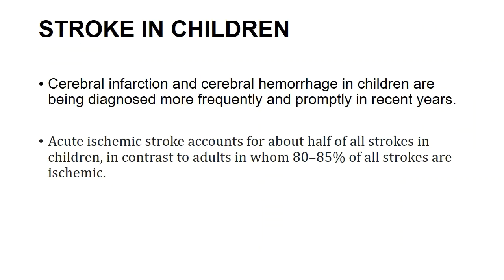Now coming to stroke in children, cerebral infarction and cerebral hemorrhage in children are being diagnosed more frequently and promptly in recent years. Acute ischemic stroke accounts for about half of all the strokes in children, in contrast to adults in whom about 80 to 85% of all the strokes are ischemic.